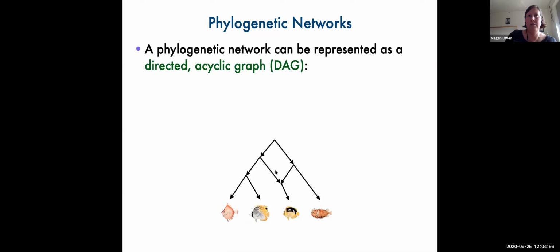You can now have what look like cycles, except you can restrict these to being directed acyclic graphs. Directed because time is going forward, and acyclic because genetic material can't be transferred back in time. You couldn't have a cycle of material transferring down and then going back in time somehow. So we can restrict ourselves to acyclic.